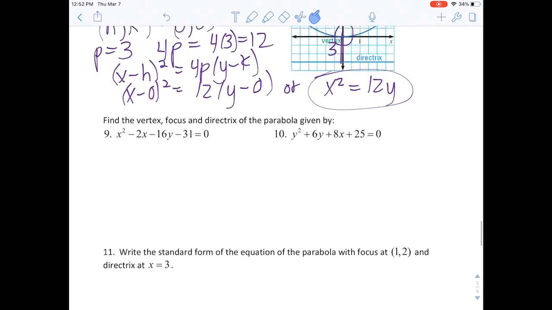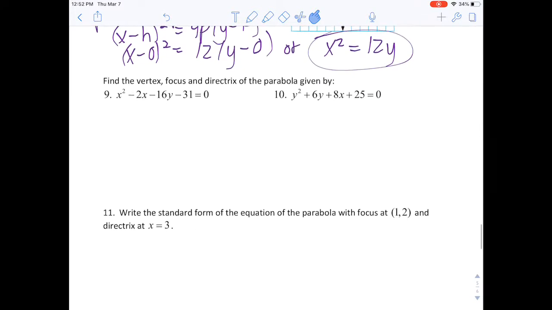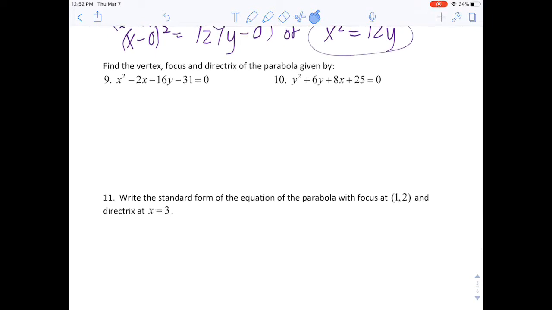Okay, for number 9, now we have parabolas completely multiplied out. So what we have to do is figure out how to get them into that vertex form where we could see it easily. So we're going to need to do a little bit of completing the square. First thing I'm noticing is the x is squared, so that tells me we're going up or down.